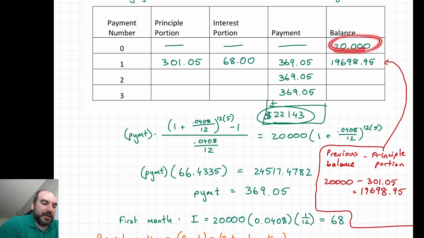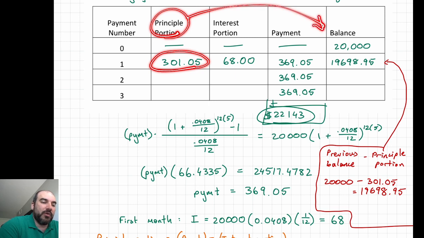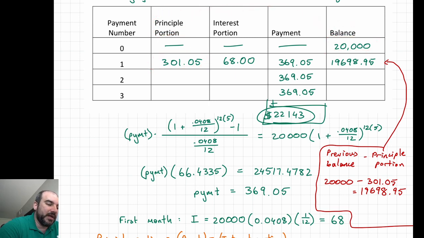So you borrow $20,000. The first month you make a payment of $369.05, but only a certain amount of that, specifically the principal portion, is going to count towards the principal amount. Right? The principal amount was $20,000. It's going to go down only by the principal portion amount. And then we start over. Well, we don't start completely over, right?